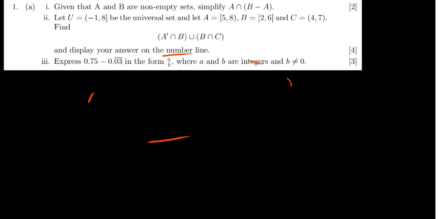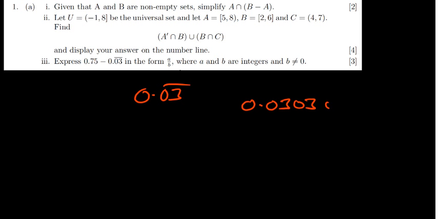Now the issue here, guys, is very simple. You cannot do it directly because these things are different. The second part is 0.03 bar, which is 0.030303 and so on.